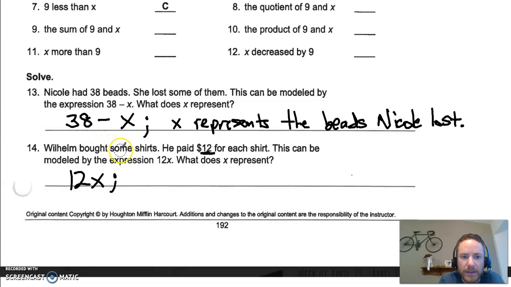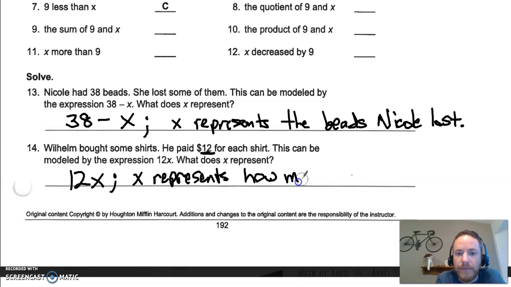Wilhelm bought some shirts. How many shirts? We don't know. But if we go to the expression, we have a math problem that says 12 times x. What is x? We don't know. But what we do know is that x represents what? It's what we don't know. X represents the number of, or how many, shirts Wilhelm bought.